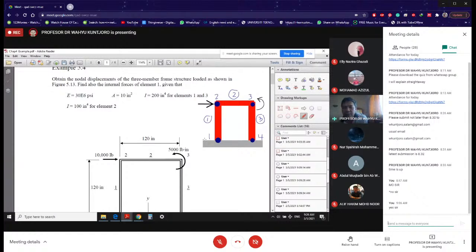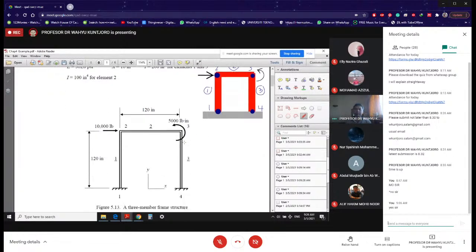What about the forces? The forces, the positive, is going to be when it is along the positive axis direction. And what you have here, x positive is to the right. Y positive is going up. So that means this 10,000 is going to be positive, and we call it F2x because it is at node number 2 and it is along the x direction, and it is positive.